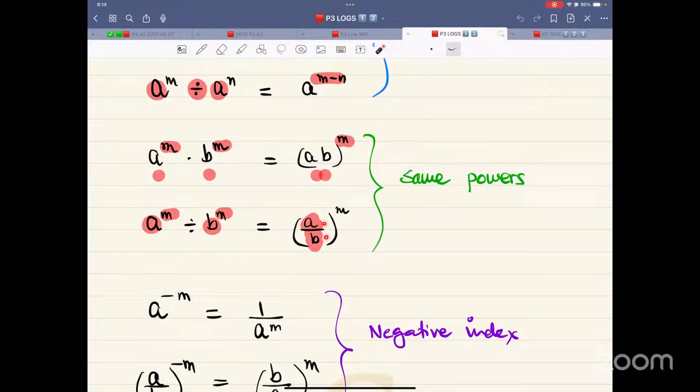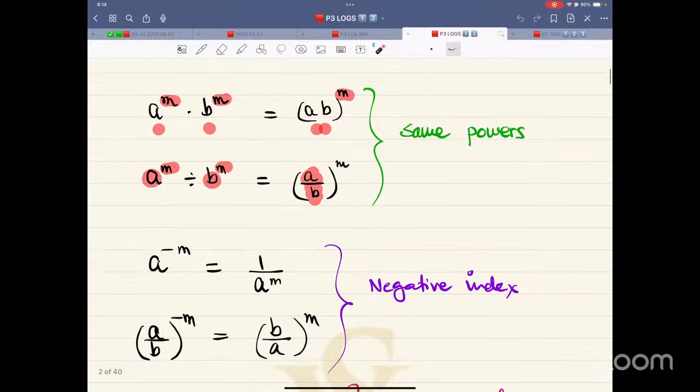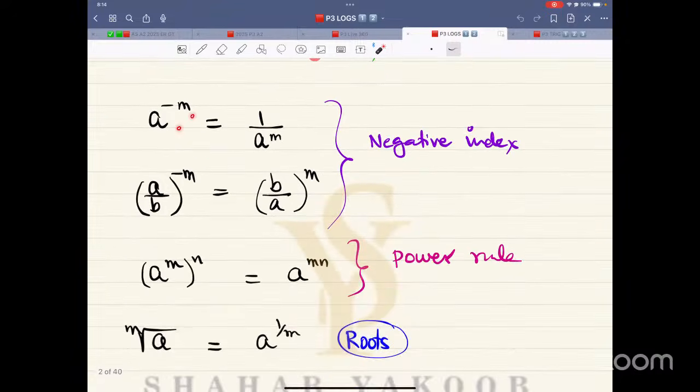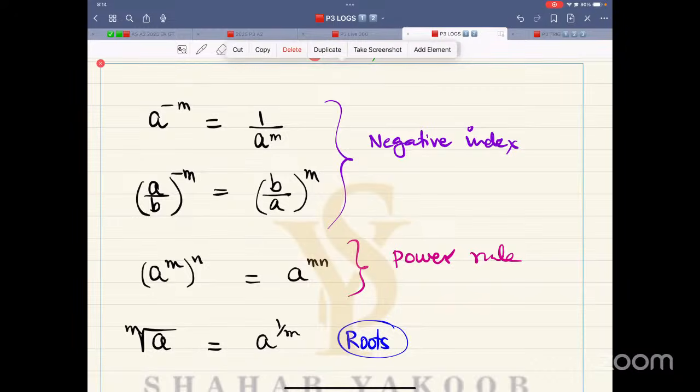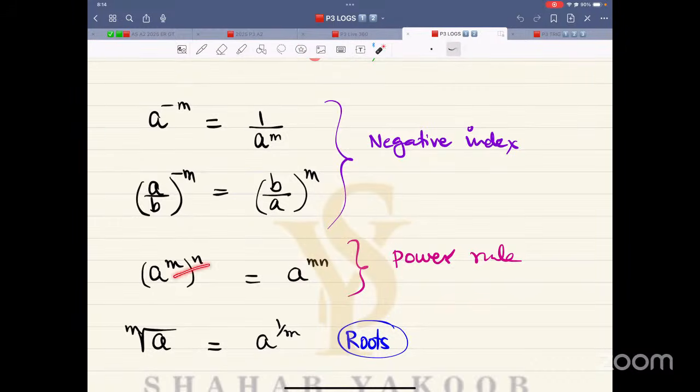So divide on the inside, the power is on the outside. a raised to the power of negative m is 1 over a to the power of m. a over b raised to the power of negative m is b over a raised to the power of positive m. a raised to the power of mn, the powers multiply.